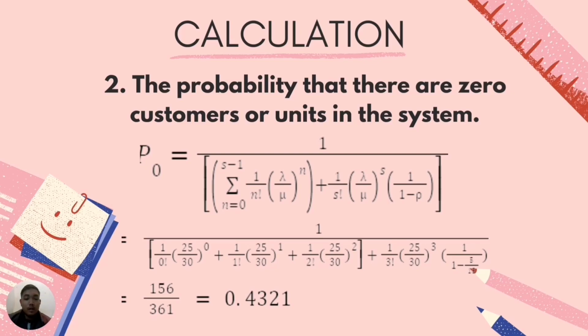We insert the values into the formula and we get 156 over 361, and the final answer is 0.4321. Therefore, the probability that there are 0 customers or units in the system is 0.4321.